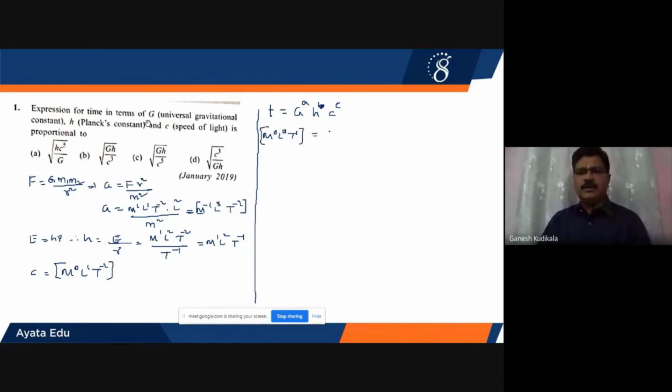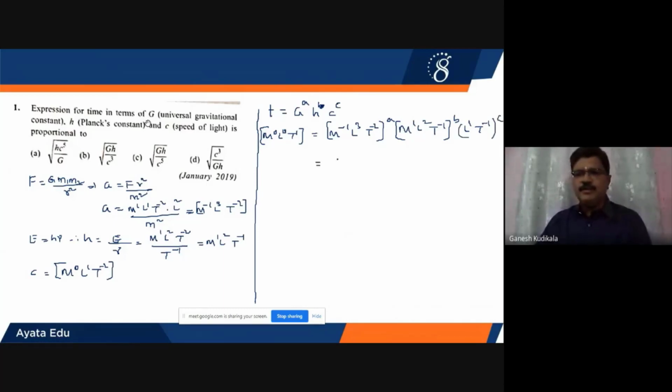On the right-hand side, G is replaced by M^-1 L^3 T^-2 whole to the power of a. Similarly, h is replaced by M^1 L^2 T^-1 whole to the power of b, and c is L^1 T^-1 whole to the power of c.